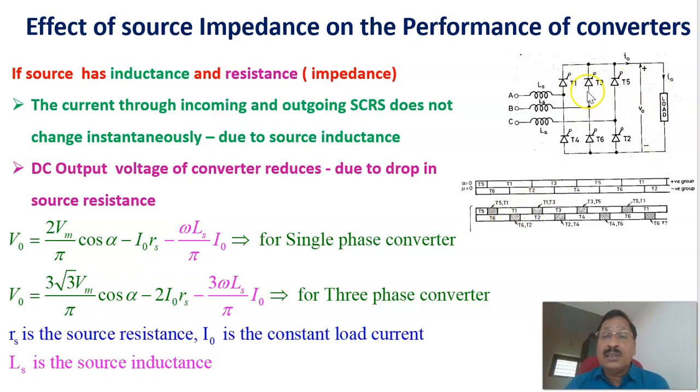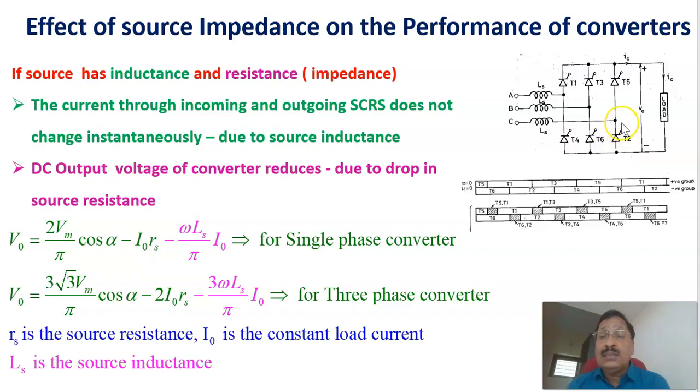Same thing: after 60 degrees T2 is fired. Then from the positive group T1 is conducting, and T2 and T6 from the negative group are conducting.